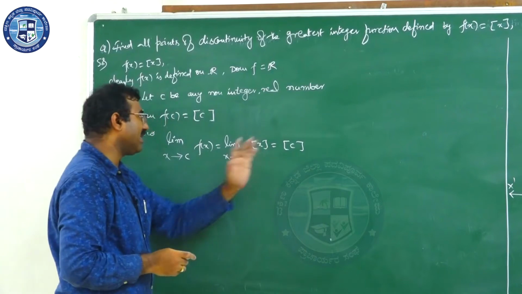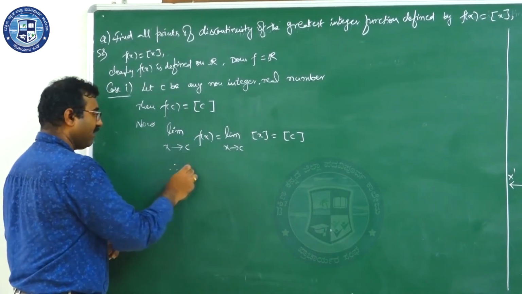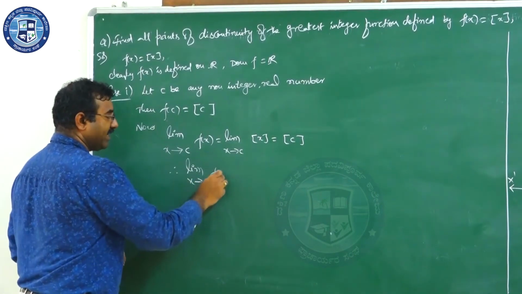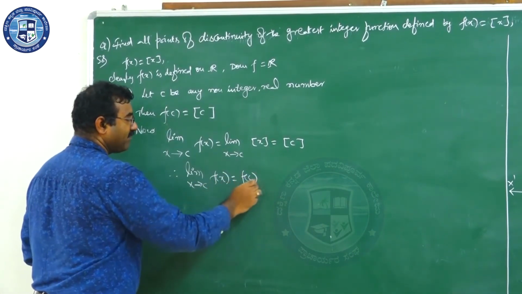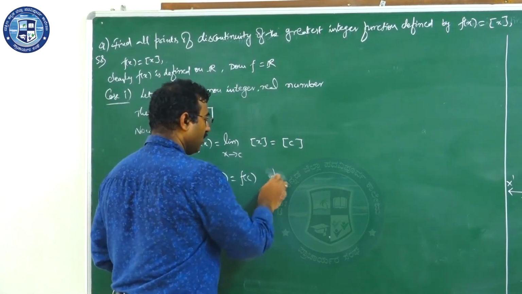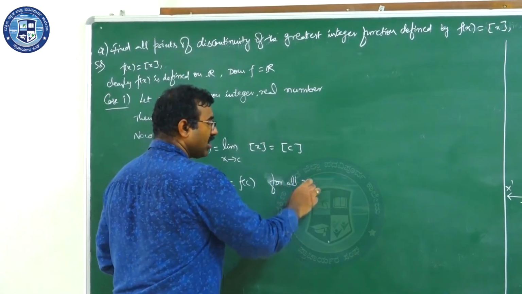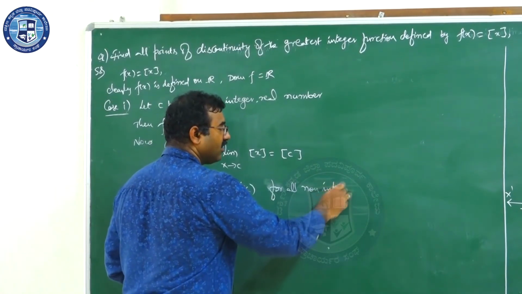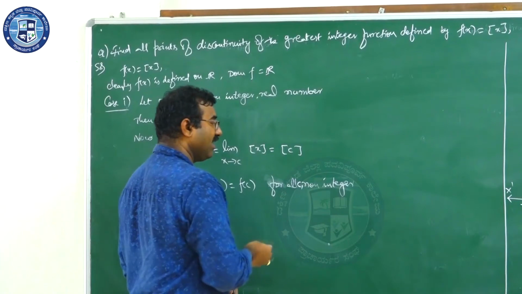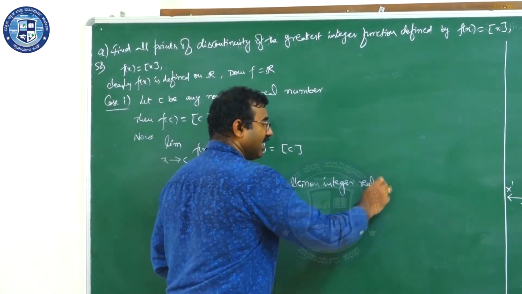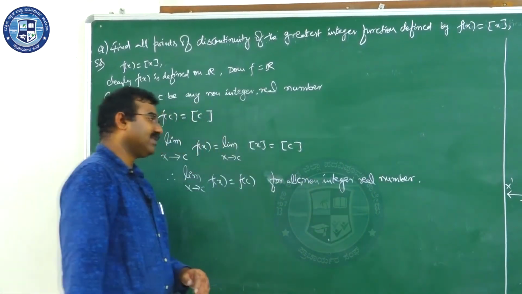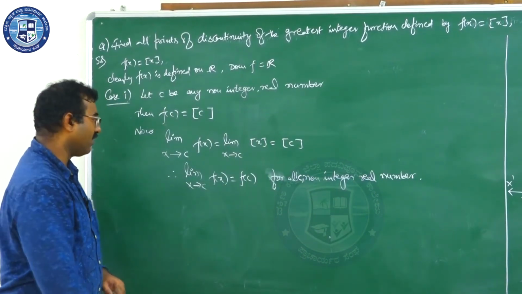That means we can conclude here: therefore, the limit as x tends to c of f(x) is equal to f(c) for all non-integer real numbers c. For all c non-integer real numbers.